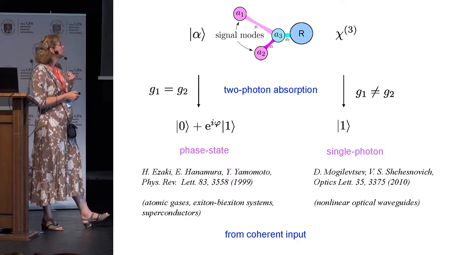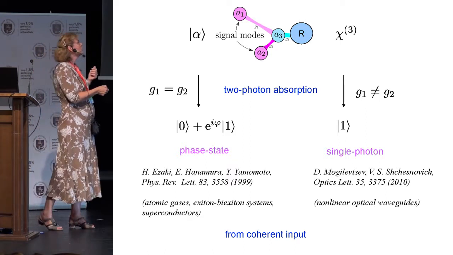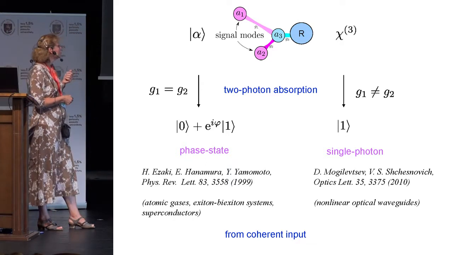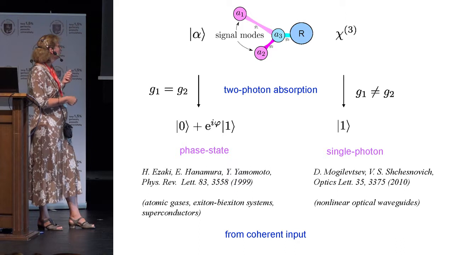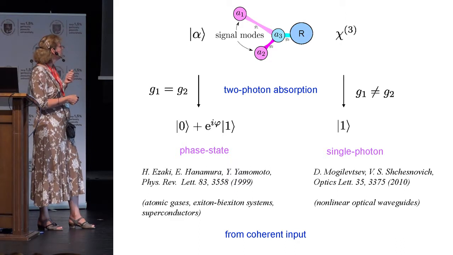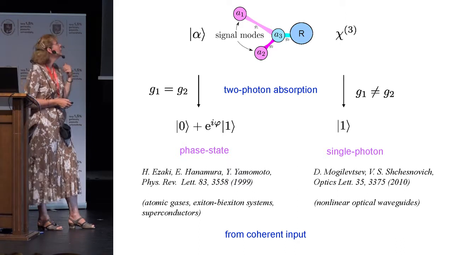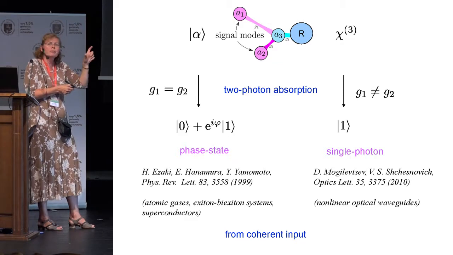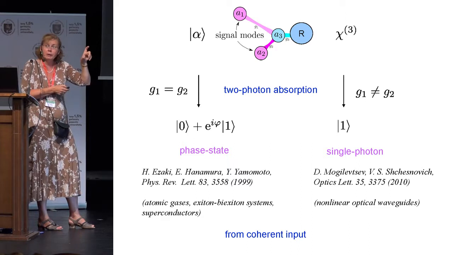And this, for the optical situation, was first discussed in this paper. For atomic gases, exciton-polariton systems, it was done in the group of Yamamoto theoretically back in '99. So basically, it reduces to these two waveguides seeing each other through dissipative coupling.